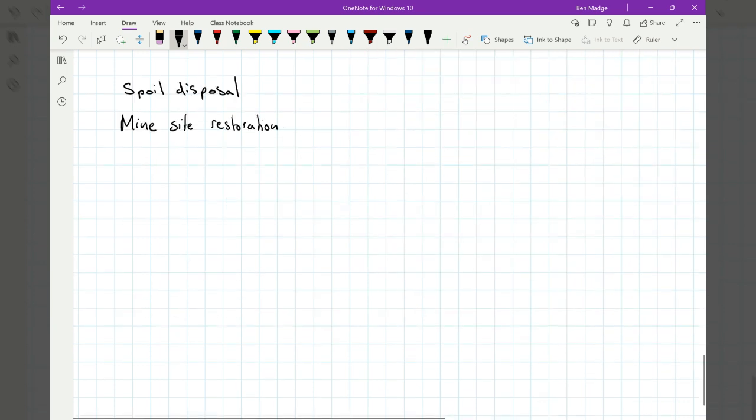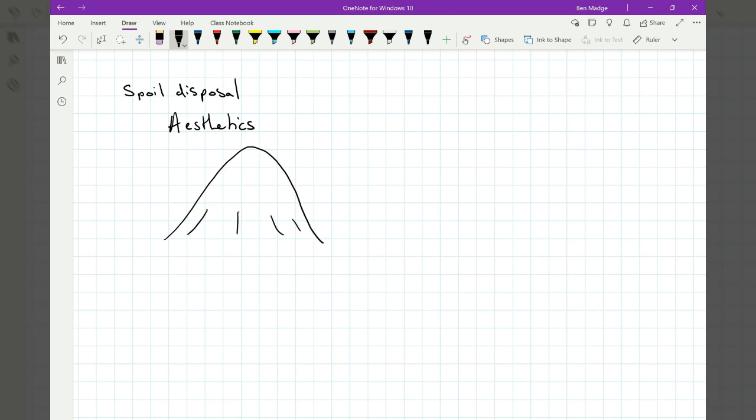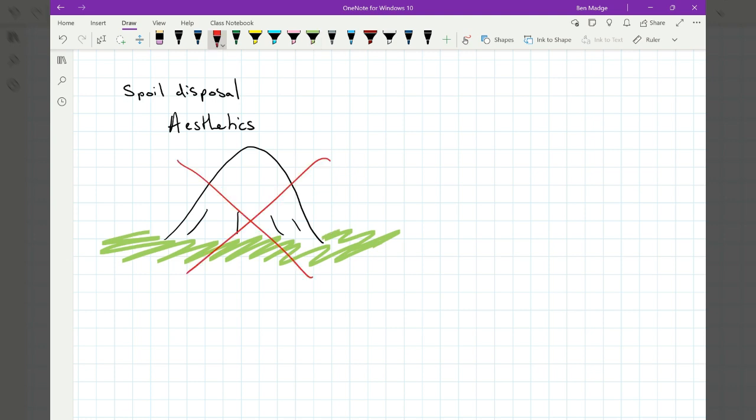Next one then is spoil disposal. So if you remember, we had aesthetics. What we can do for our spoil heap, instead of having a really artificial looking steep sided mound with no vegetation on, a contrasting color, this is no good. That's not going to work. What we can do is landscape it so it is a much more gentle shape.